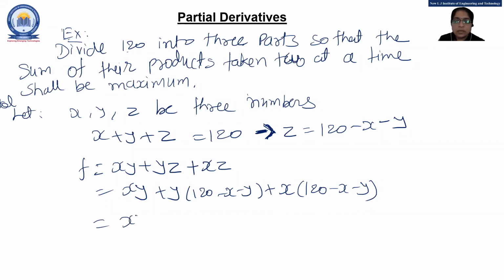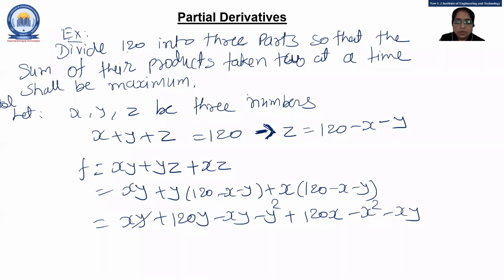That is xy, here 120y minus xy minus y square, plus 120x minus x square minus xy. After simplification and rearranging the terms, we have 120x plus 120y minus xy minus x square minus y square.